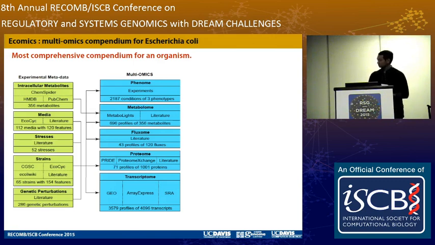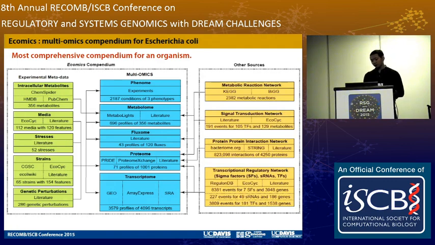And also, to connect the different molecules in a model, we integrate all the network information from publicly available repositories or literature, for example, metabolic reaction network, signal transduction network, protein-protein interaction network, and transcriptional regulatory network. So we combine all this research into one repository to guide the model, as well as the community, to use that research depending on what they would like to use.